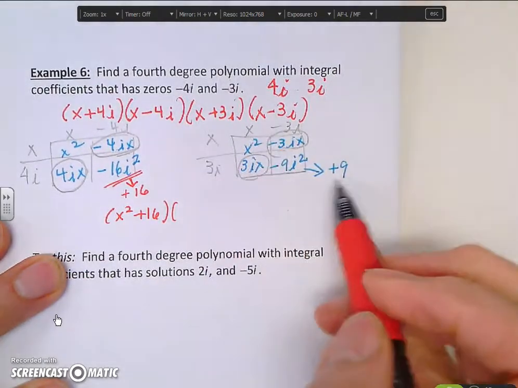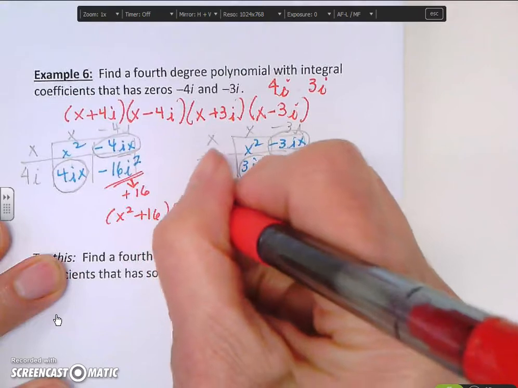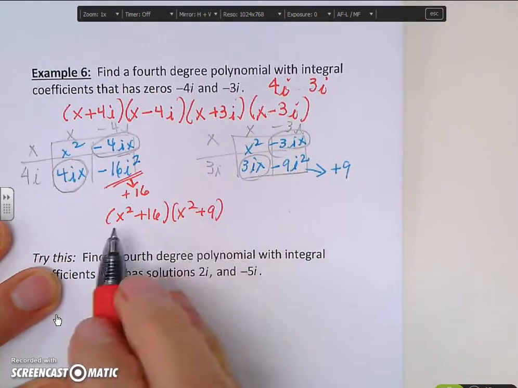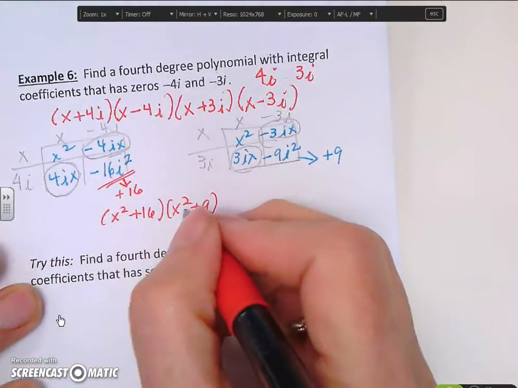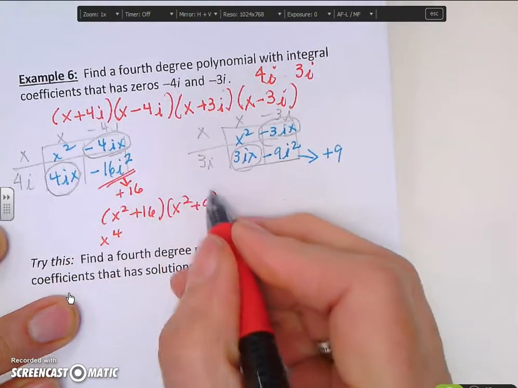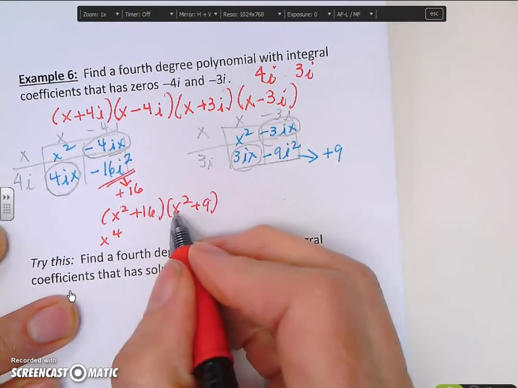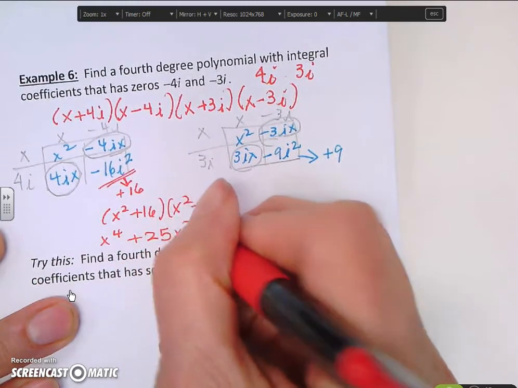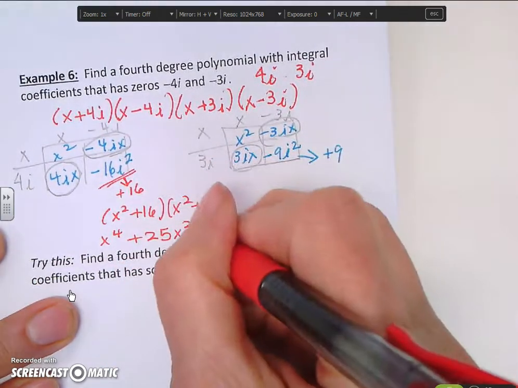And I'm going to have x squared plus 9. So now I want to multiply this out. So I'm going to get x squared times x squared, that's x to the 4th. I have a plus 9x squared and a plus 16x squared is plus 25x squared, and then 16 times 9 is 144.